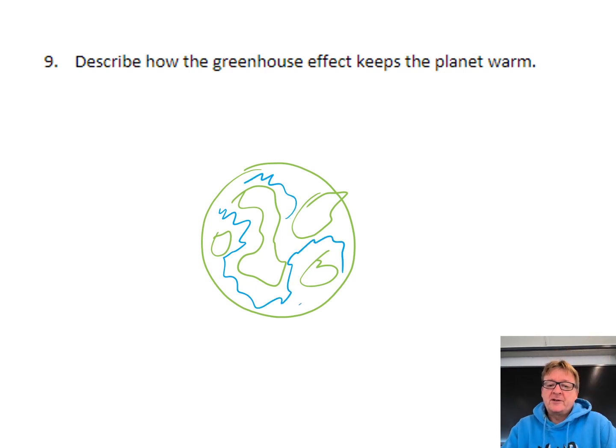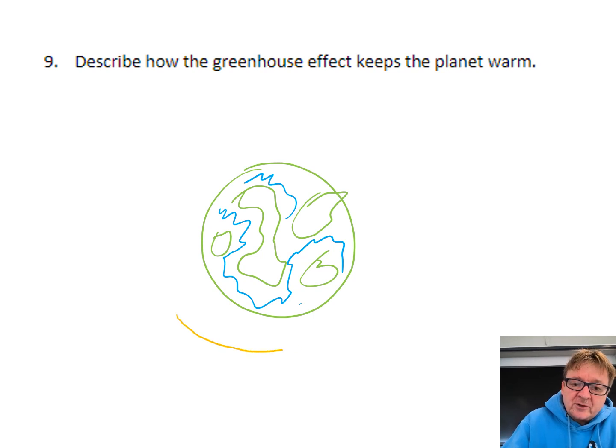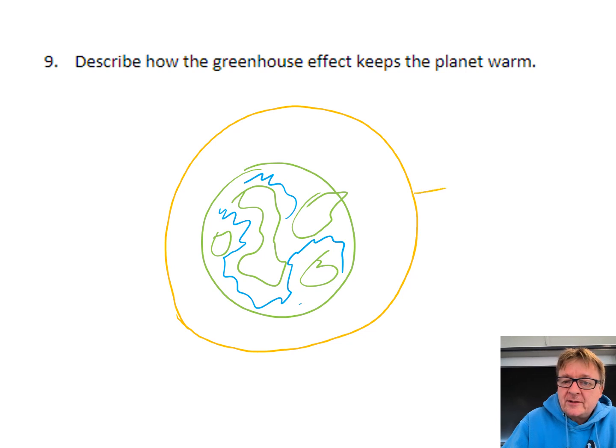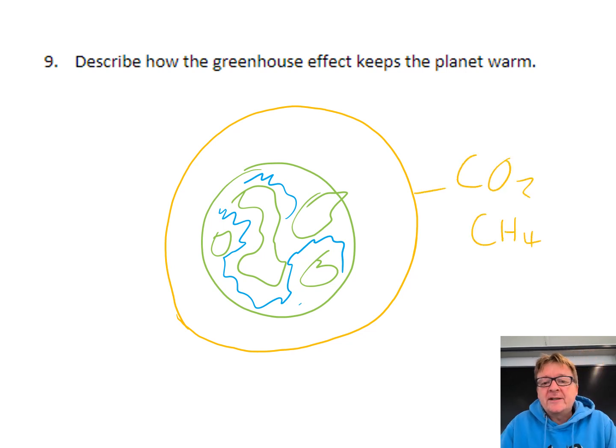Around the outside of it we've got the greenhouse gases, a circle the same size, that contains CO2 and methane. We need that to a certain extent. We need the CO2 and the methane blanket around the outside to keep the planet warm. If it disappeared completely, all the heat would go.